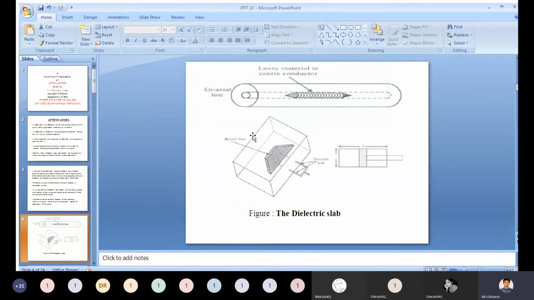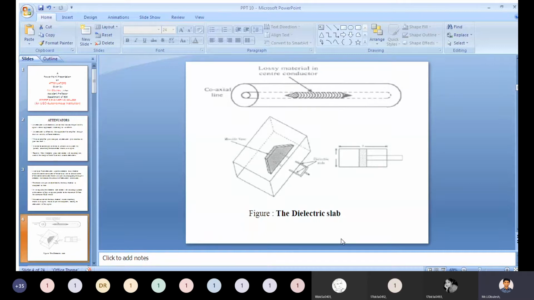The dielectric slab is tapered at both ends, up to a length of more than half a wavelength, to reduce reflections.